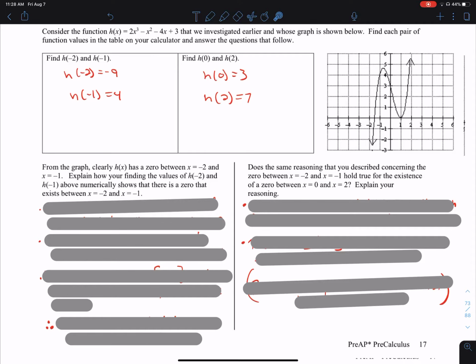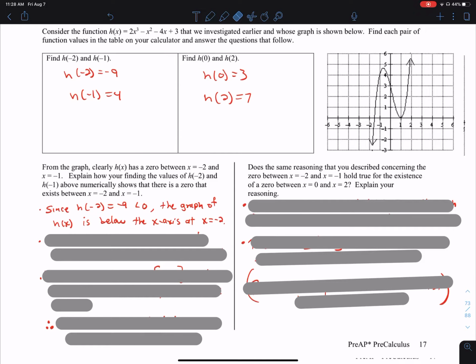So let's write that down formally. Since h of -2 is -9, which is less than 0, the graph of h of x is below the x-axis at x equals -2. So we have established that at -2, the graph is below the x-axis.